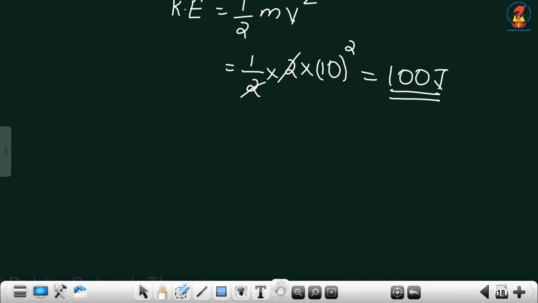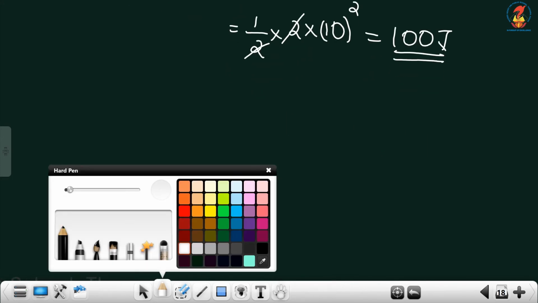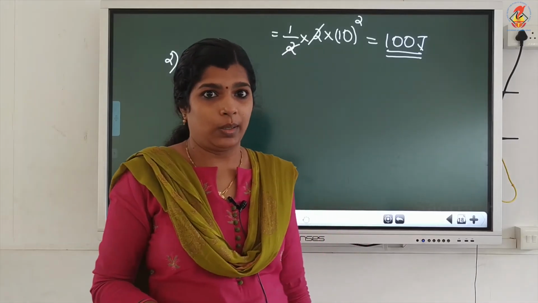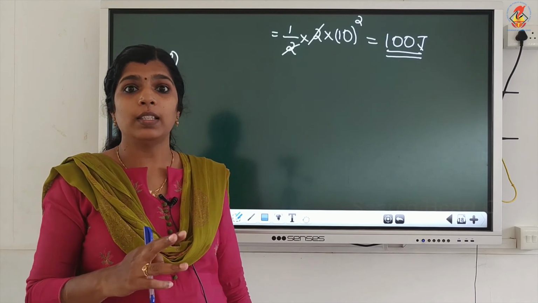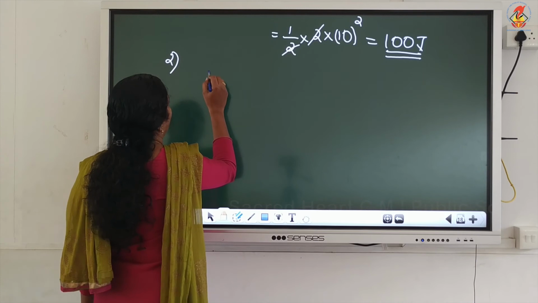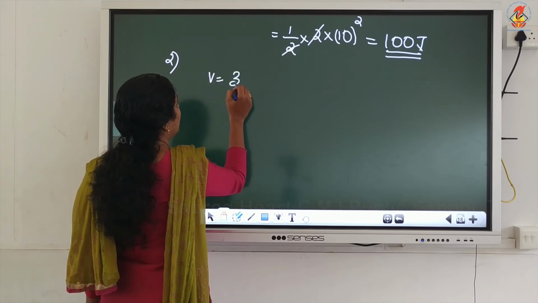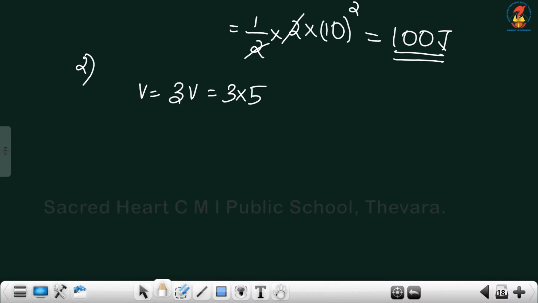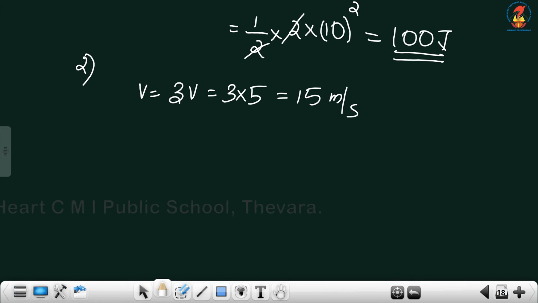Then, second subdivision. What will be its kinetic energy when its velocity is increased 3 times? So, v equal to 3v, that is equal to 3 into 5, 15 meter per second.